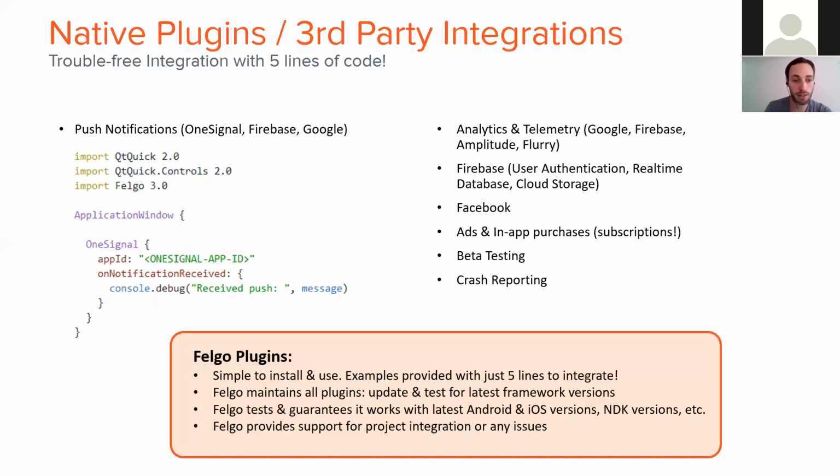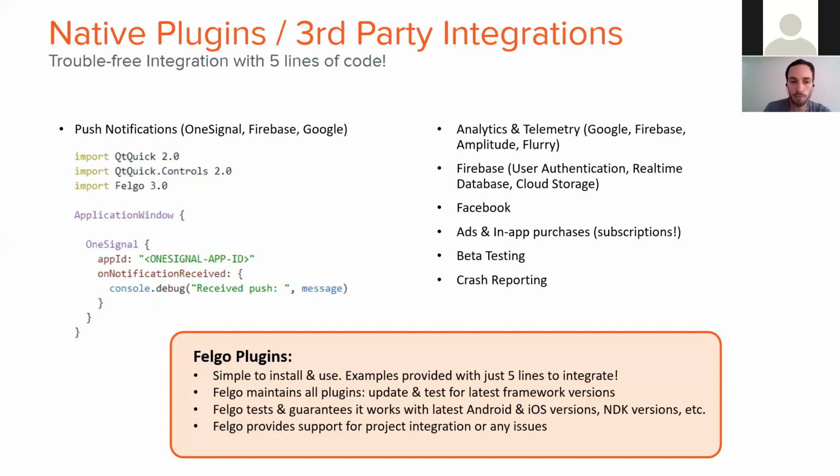It's our part as the Qt technology partner, as the provider of the Felgo APIs, to make sure that always the latest APIs are used, and that the latest APIs are working together with the latest Qt versions, etc. So you don't need to worry about that. And also, if you have any issues with integration, you can always just ask us for assistance.